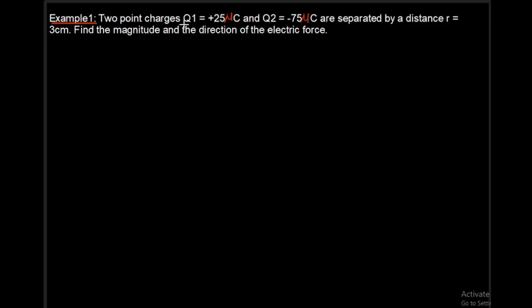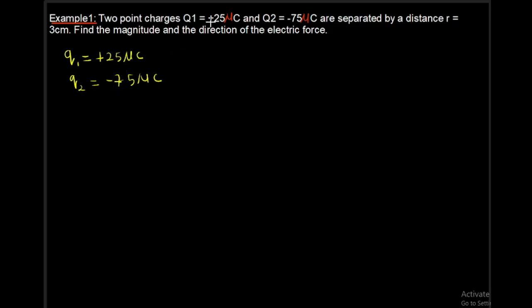Now look at this question here. It says two point charges, Q1 equals plus 25 microcoulomb, and Q2 equals minus 75 microcoulomb. Please, the positive sign and the negative sign here are just important to tell you the type of force that will exist between them.